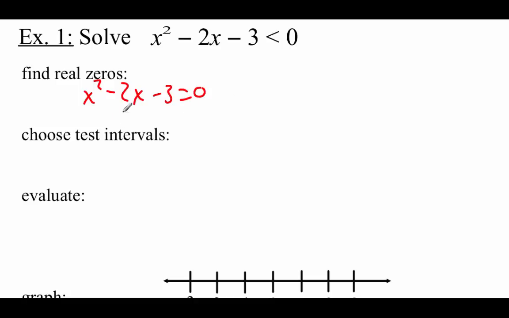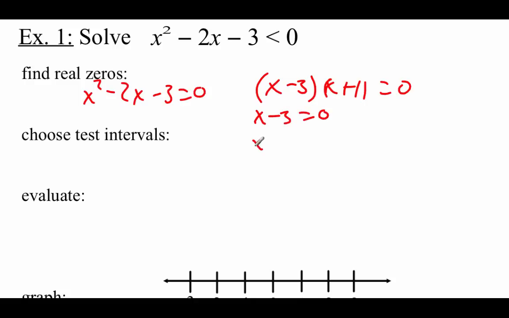Since it's quadratic, we can try to factor it, and I do think this one factors out nicely. I think we can go (x minus 3)(x plus 1) equals 0. Set each one of those equal to 0 and solve. So x minus 3 equals 0 means that x equals 3. And x plus 1 equals 0 means that x equals negative 1.